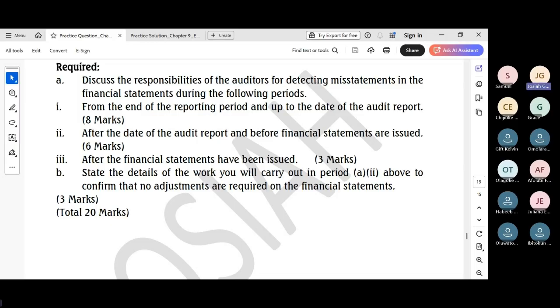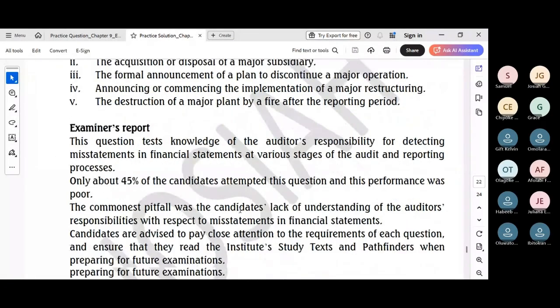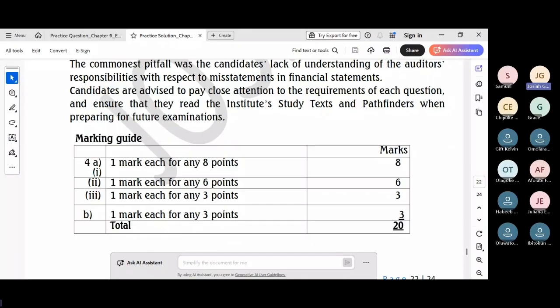Okay, so let's look at the marking key as we round off this session. Right, so specific guidance on the marking key now for question 4A1 is how many marks now? 8 marks.